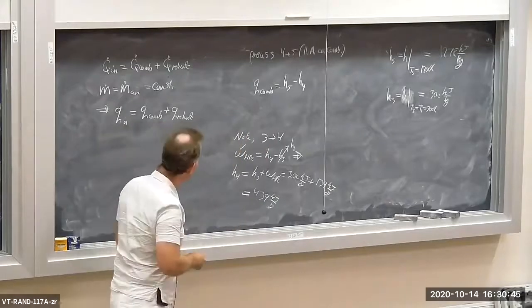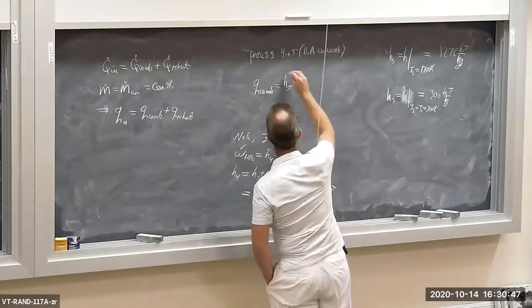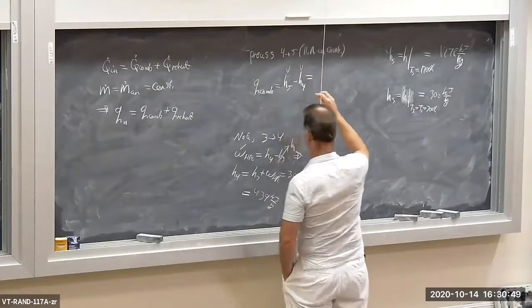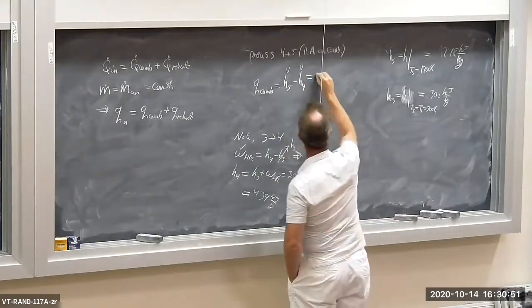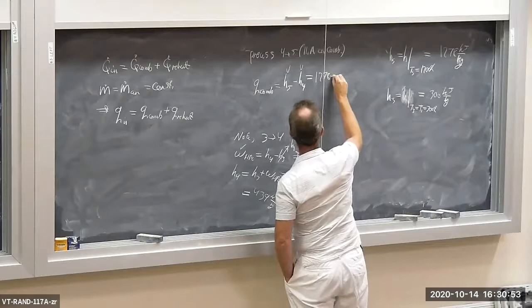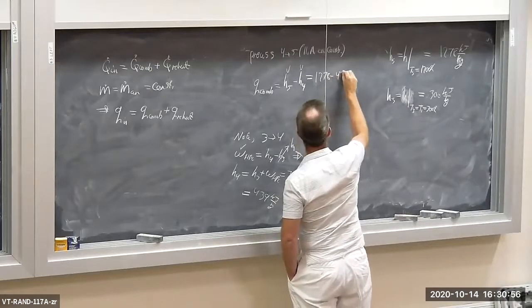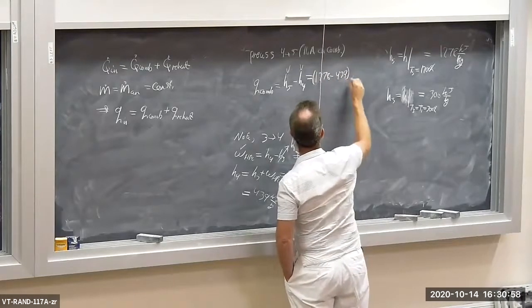Okay? So I have H5 and now I have H4. Thank God. Let's see here. 1278 minus 439, and that's kilojoules per kilogram.